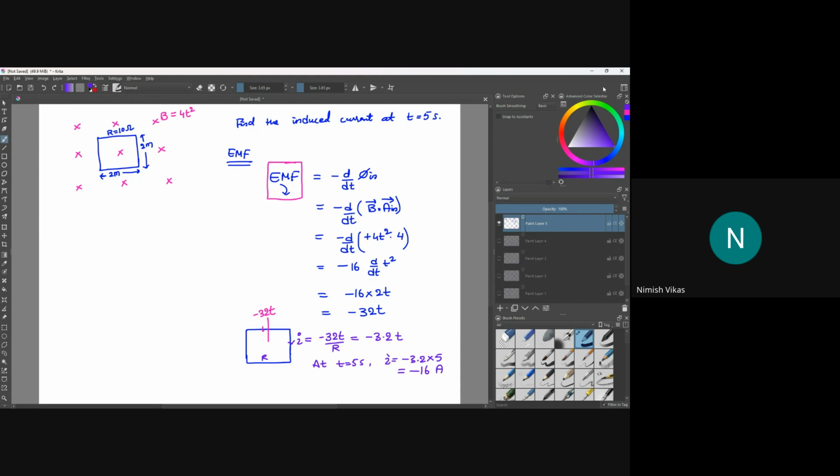Okay. So at t equals 5 seconds, there is a current in the clockwise direction, and that current is actually equal to minus 16, it seems. Well, minus 16 ampere clockwise is basically 16 ampere anti-clockwise. Okay, so the current is actually anti-clockwise, equal to 16 ampere. So that's it, guys. Very simple, you know.